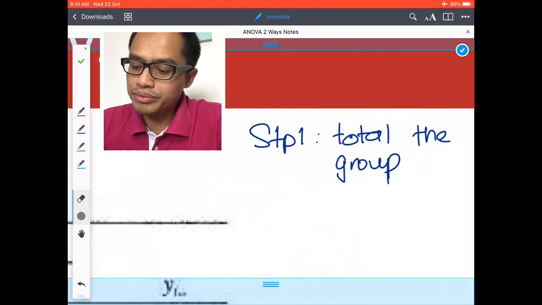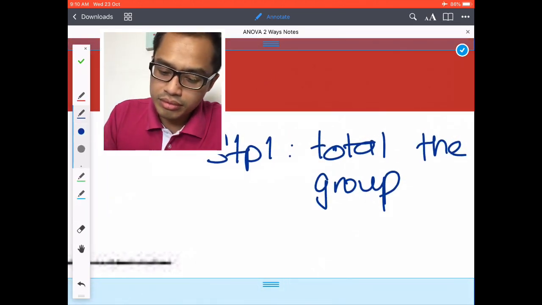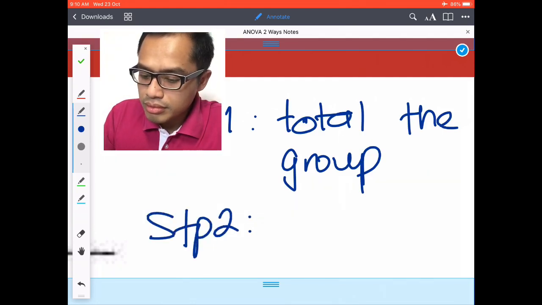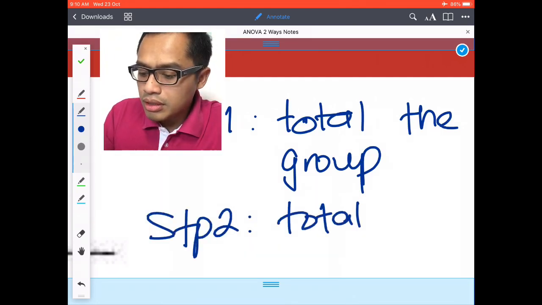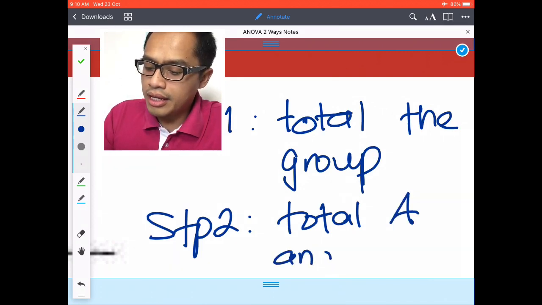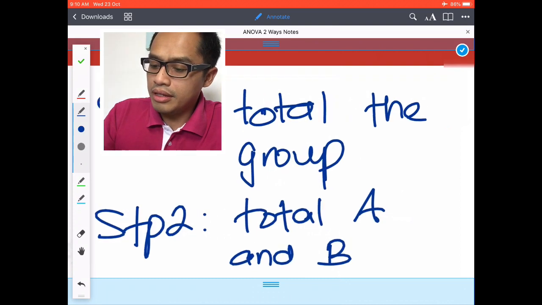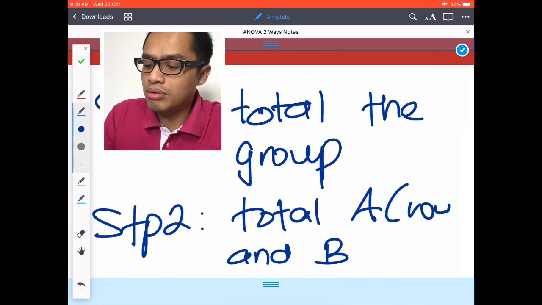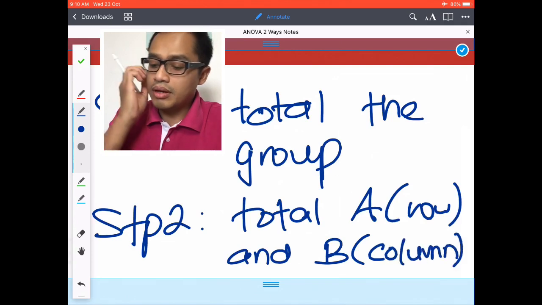Step number 2, total the A and B. A is your material type, so it's the row, and this one is the column.